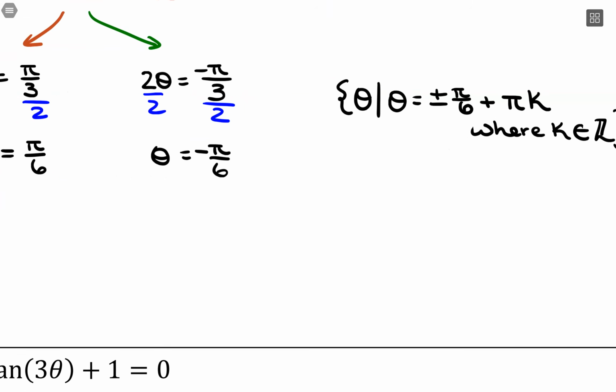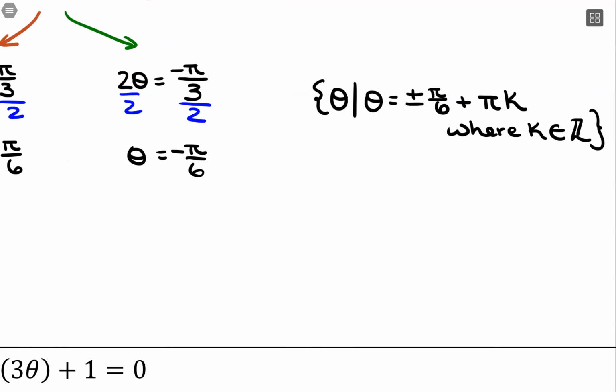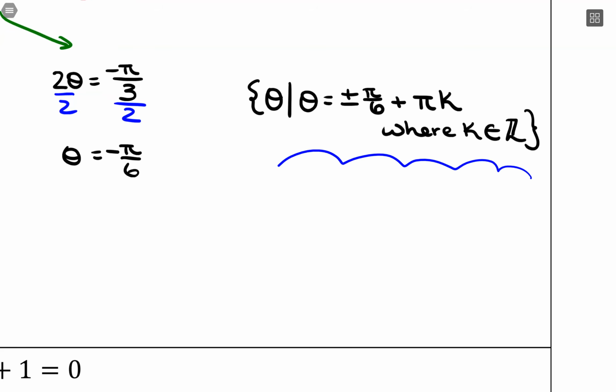Okay, so for listing my possible solutions between 0 and 2 pi, I'm going to use the formula to look at all of the different possibilities. What I want to do is some side work. I'll just put this in a little bubble over here. I want to look at taking positive pi over 6 plus increments of pi.